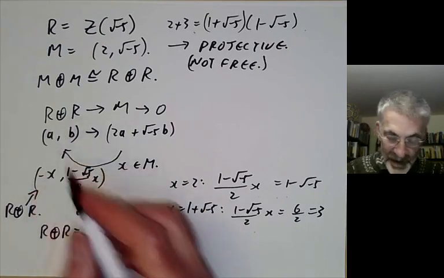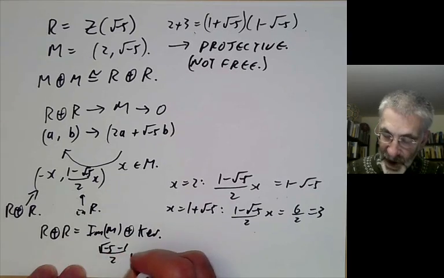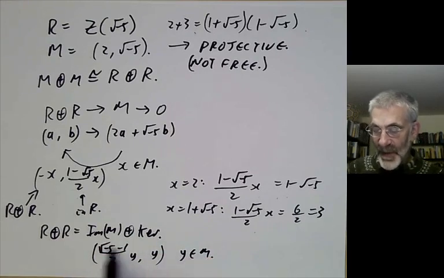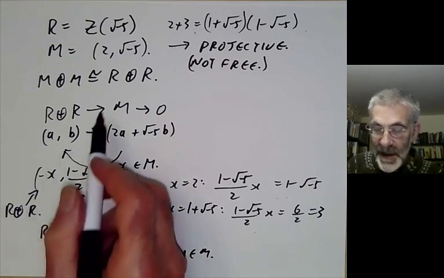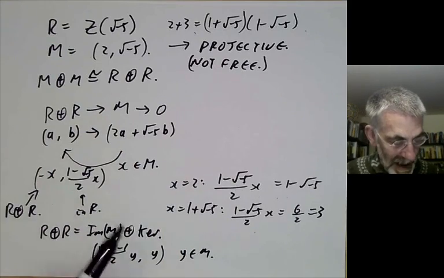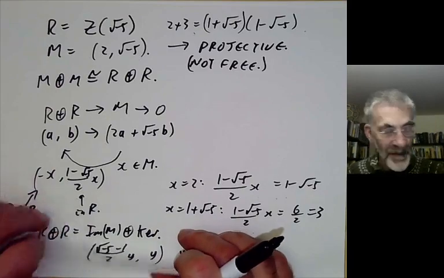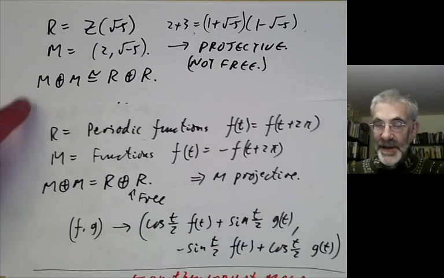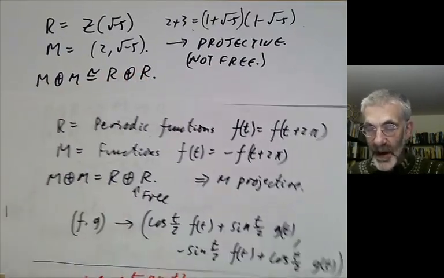And you can check the kernel of this map is just the set of all vectors root minus 5 minus 1 over 2y times y for y in M. And as before, this is always actually in R. So we have a completely explicit decomposition of R plus R as a sum of 2 copies of M, which shows that M is projective. By the way, you notice there's a very close analogy between this and the Moebius band. In both cases, we have a module such that M plus M is isomorphic to R plus R.